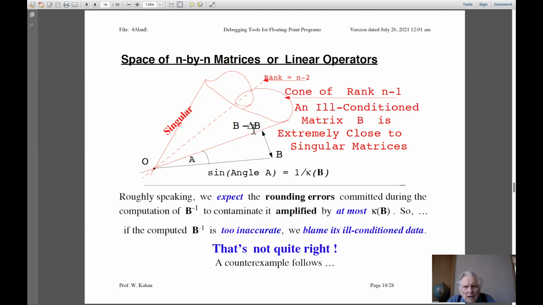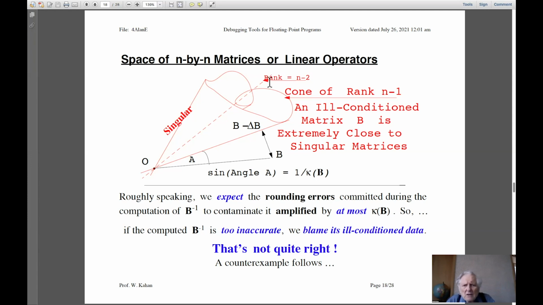This cone intersects itself because the cone has matrices of rank 1 less than full, and it intersects itself along little cones, which are represented simply by a line here.